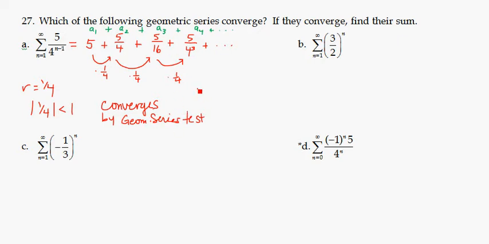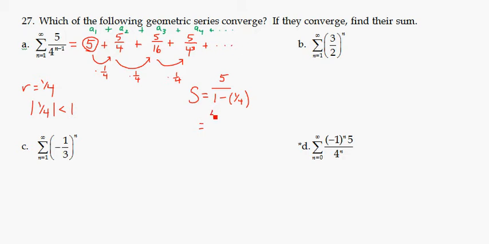And so in fact, we know what it converges to. The sum converges to a, which is the first term, so that's 5, over 1 minus r, and r in this case is 1/4. So that's the same thing as 5 over 3/4, or 5 times 4/3.